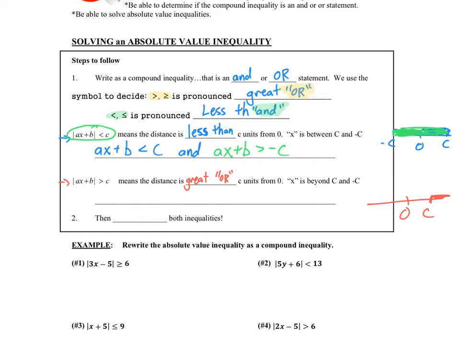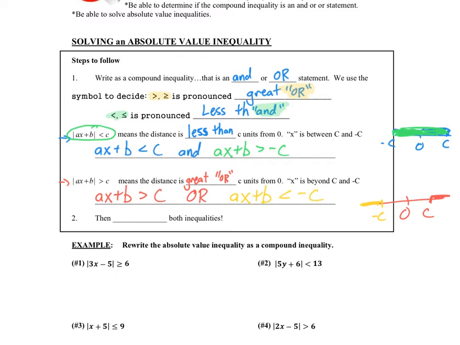And if you go to the left and you go to the negative c, so let's say negative c is right here, you're farther away from 0 because you're greater than c units away from 0. So how you'd write that is you would say, okay, ax plus b is greater than c. And we would say the word or, because it's a greater than, ax plus b is less than negative c.